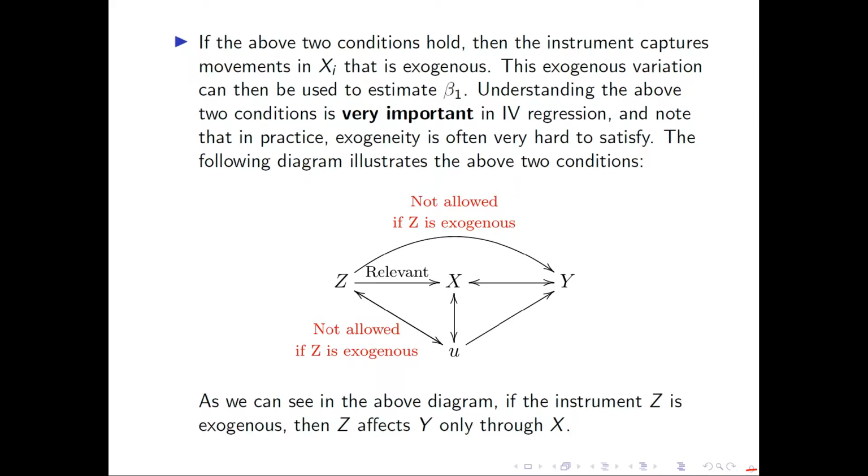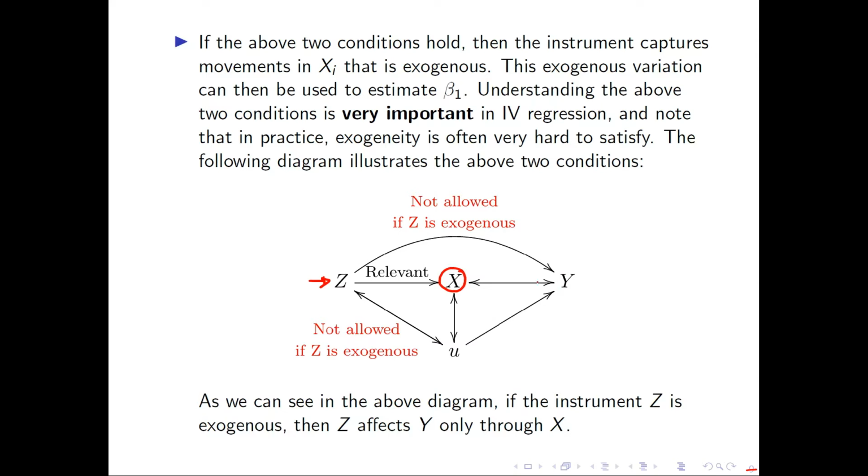And this is actually quite hard to do. The hard part is finding the proper z variable, the proper instrumental variable, because the instrumental variable should be correlated with x, but at the same time, it should not be correlated with the error term, and it should not be correlated with the y variable.